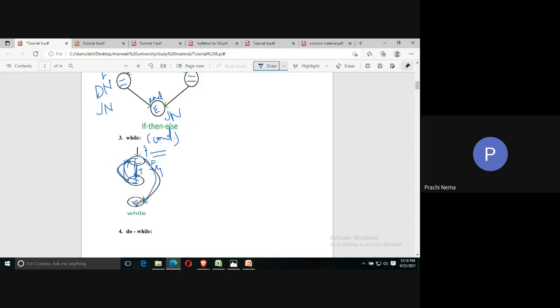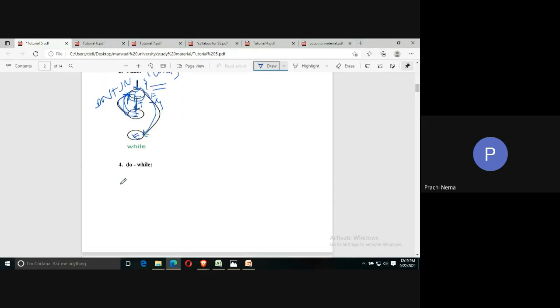So this is your exit block. Here, this particular node is what, decision or junction node? It is both, because multiple edges are converging here and multiple edges are coming out of this. This is a junction node as well as a decision node. So the same node can be a junction node and a decision node also.